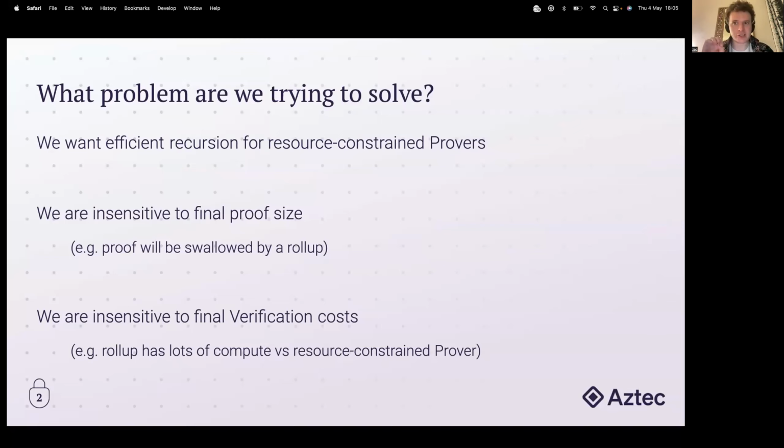You don't want to give them any secrets, and the communications bandwidth between the two provers is quite limited. For example, if you're building a privacy preserving layer 2, and you have a resource constrained prover submitting proofs to a mempool that represent transactions to be aggregated and sequenced, then client side you've got a very wimpy prover that wants to be able to recurse.